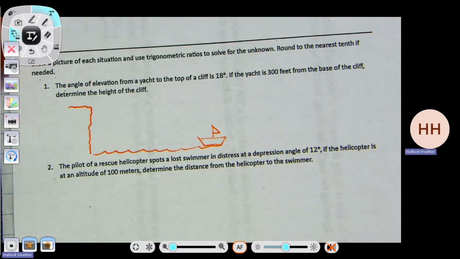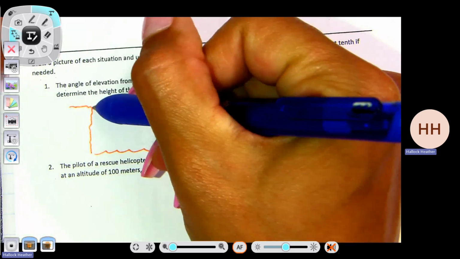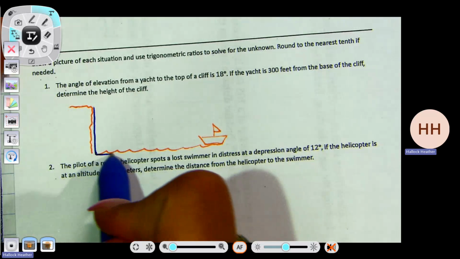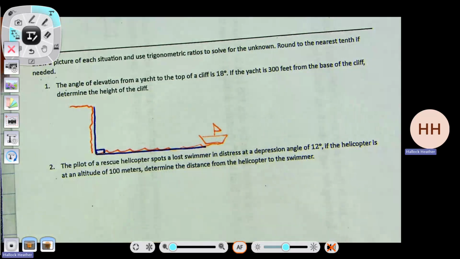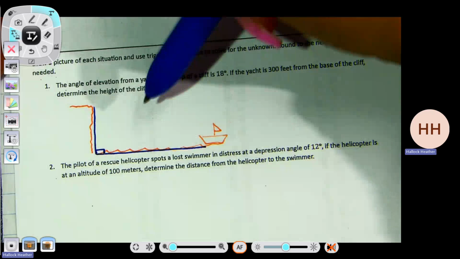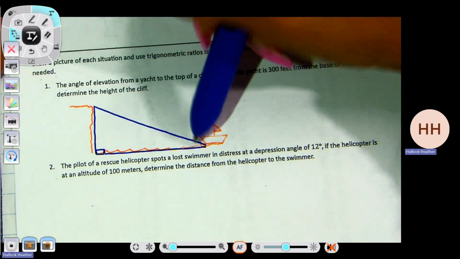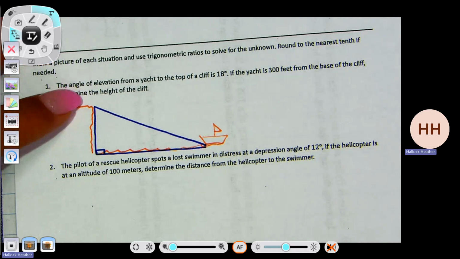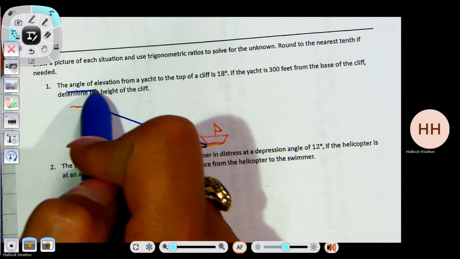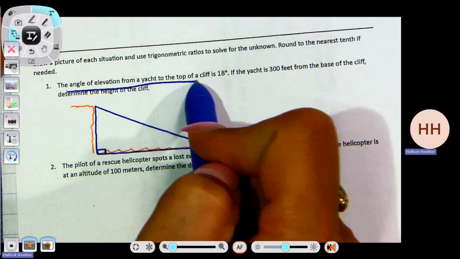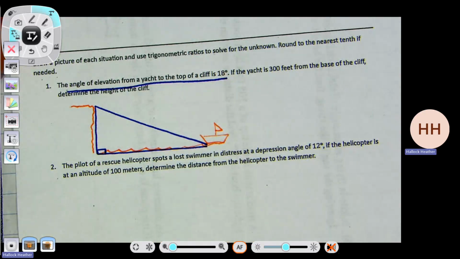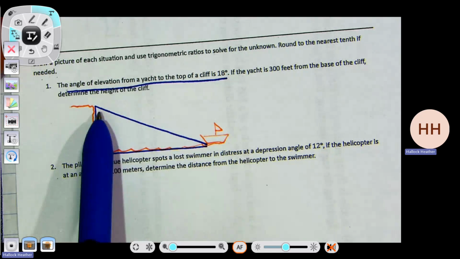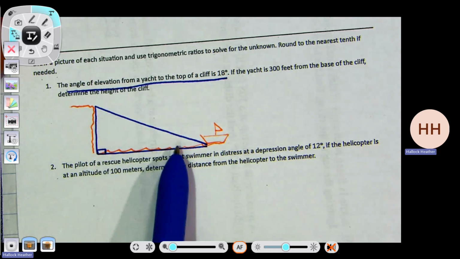All of these pictures are going to make a right triangle. So even though you have a yacht and a cliff, this is forming a right angle right here. So you have your 90 degrees in the corner. Where you connect the cliff to the boat represents the hypotenuse of the triangle. If the angle of elevation from the yacht to the cliff is 18 degrees, would 18 degrees go at the top of the triangle or at the bottom?